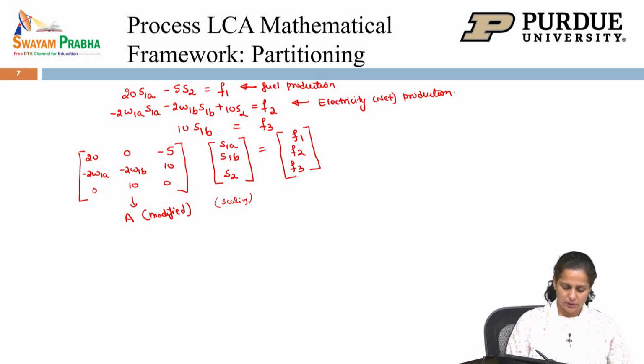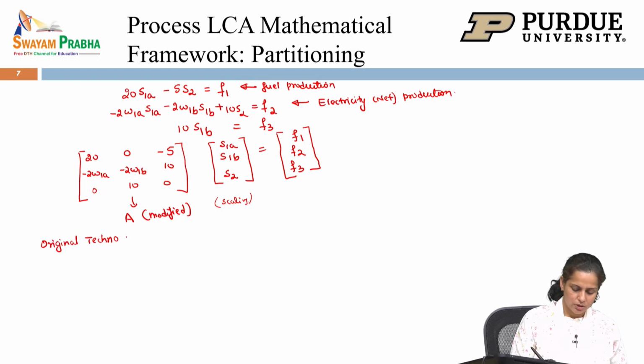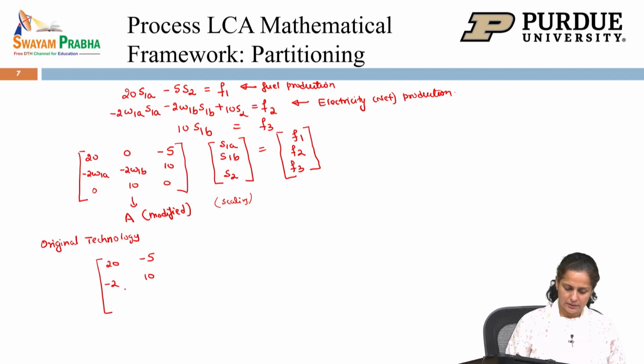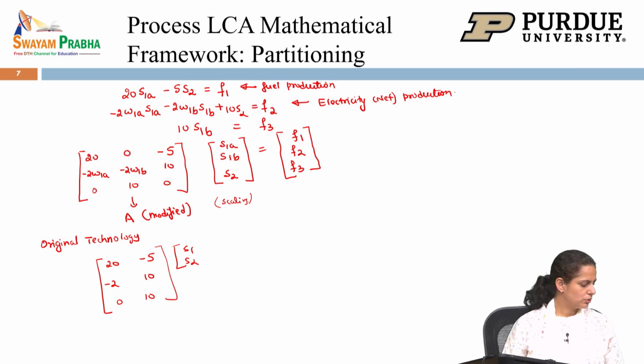So, here let us look at our original technology matrix. Your original technology matrix will be just 20, minus 5, minus 2, 10. So, you can see that our original did not have the third column.